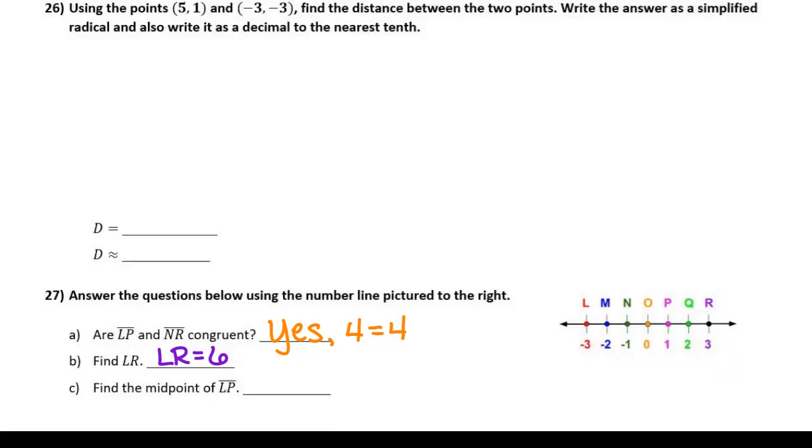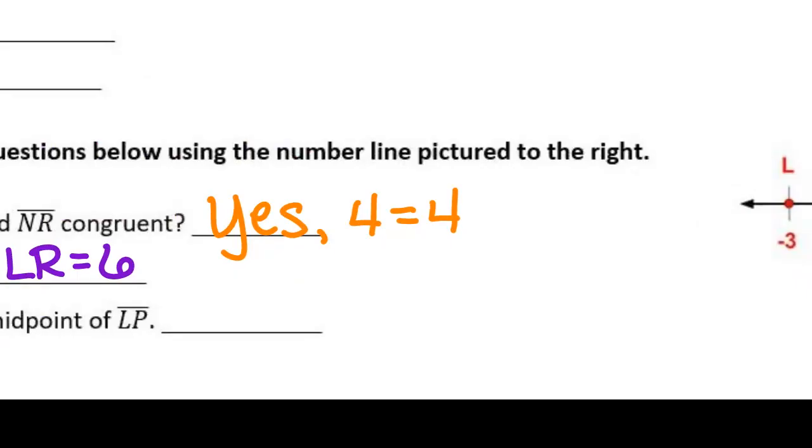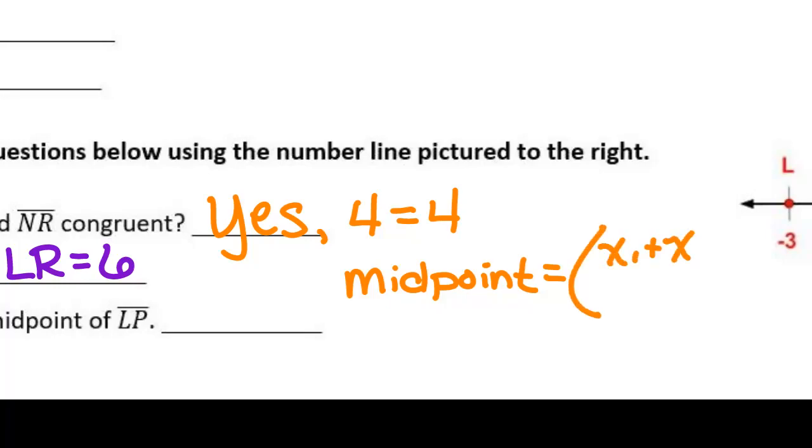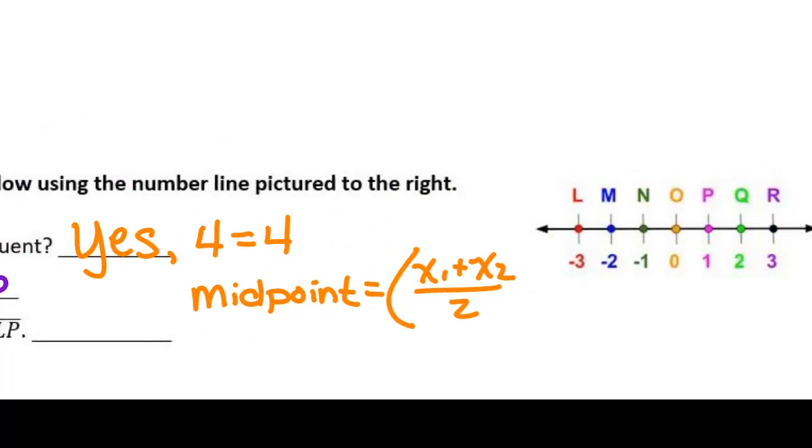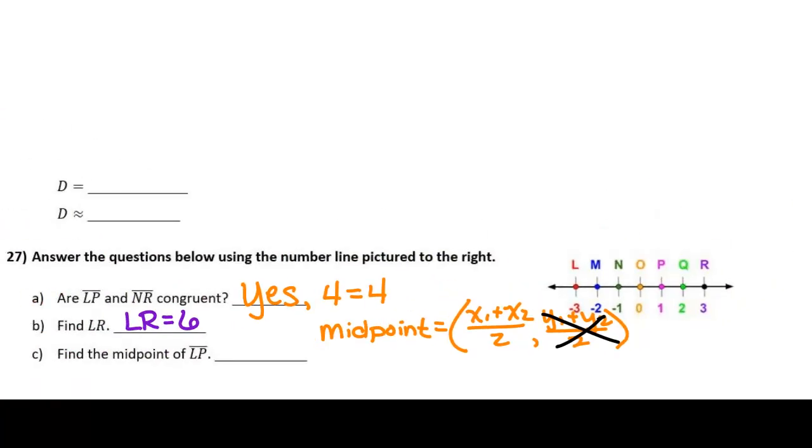Here I am going to use a formula. Our midpoint formula is x1 plus x2 over 2, comma, y1 plus y2 over 2. Close the parentheses. But because we don't have a y-axis, we're just going to ignore this part of it. We'll just do the x1, x2 part.